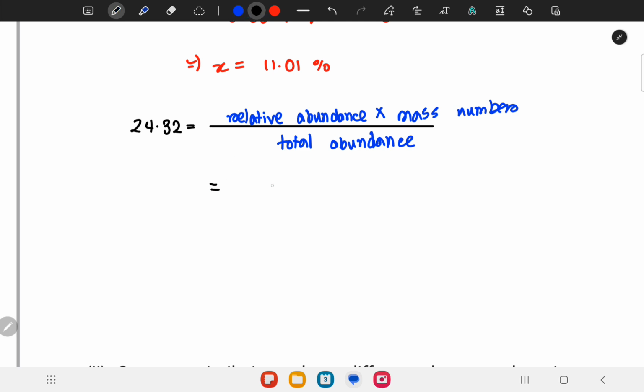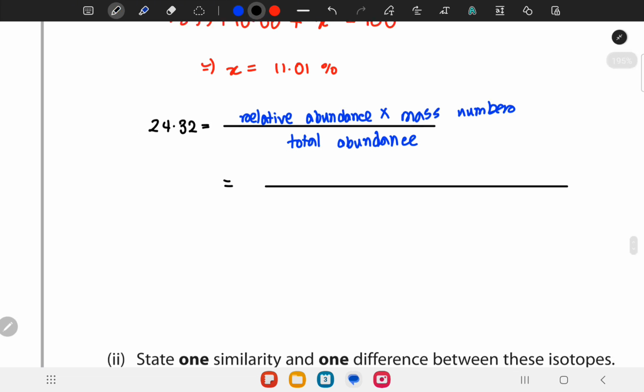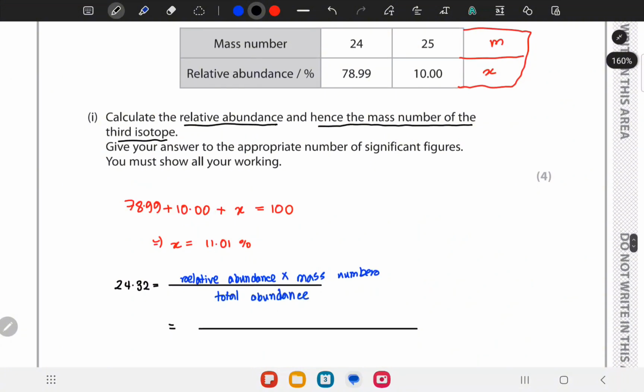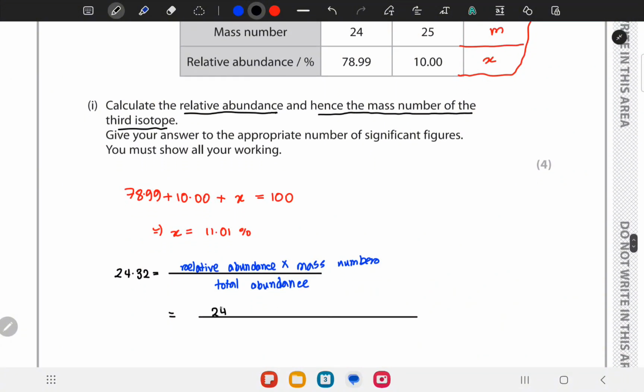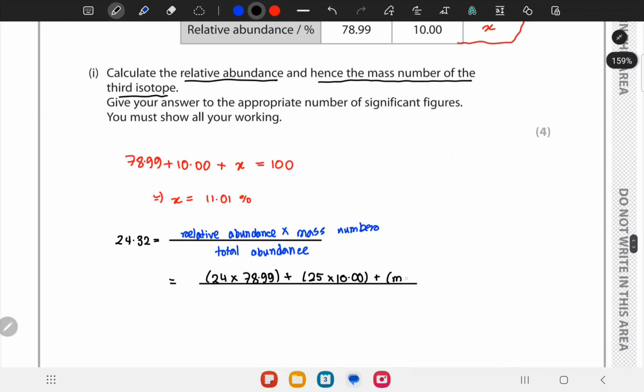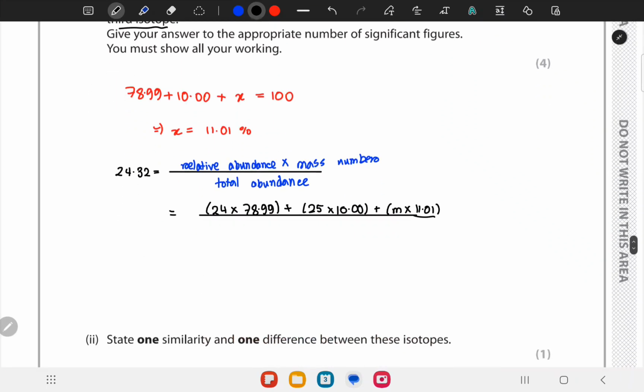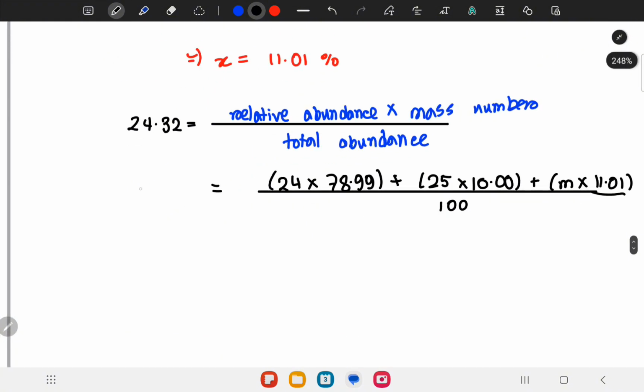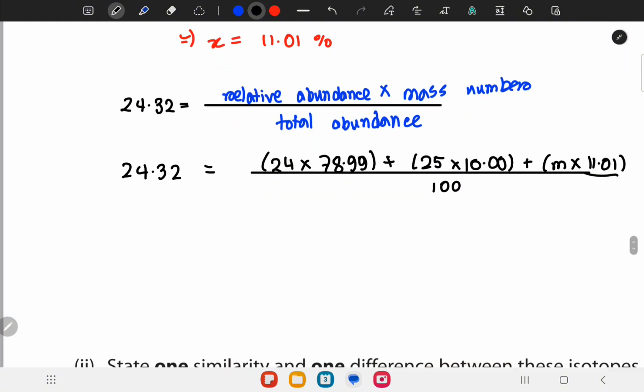So for this case we'll have mass number 24 and its abundance is 78.99. When mass number is 25, its relative abundance is 10.00, and when the mass number is m, what we want to find, the relative abundance is 11.01, divided by 100, we get 24.32.